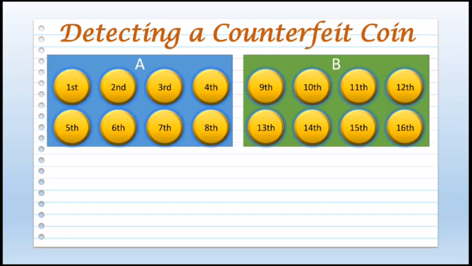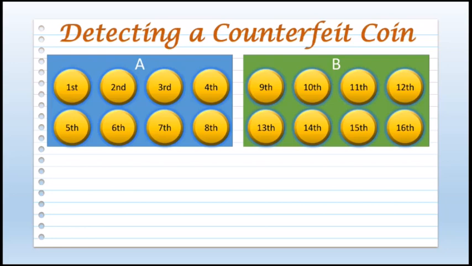For this, we use our machine to compare the weights of the coin sets A and B. If both sets have the same weight, then a counterfeit coin is not present in the 16-coin bag. If A and B have different weights, a counterfeit coin is present, and it is in the lighter set. So here, with only one comparison, we can find whether the counterfeit coin is present or not.